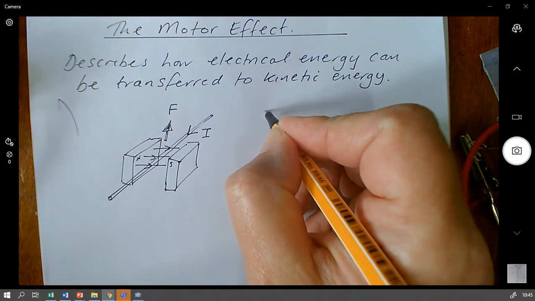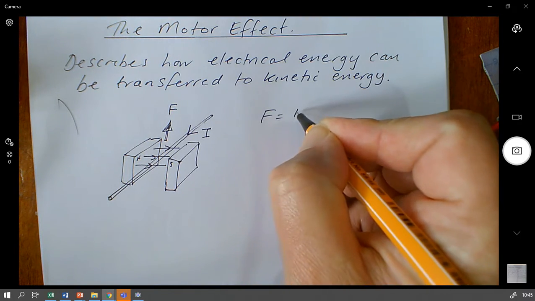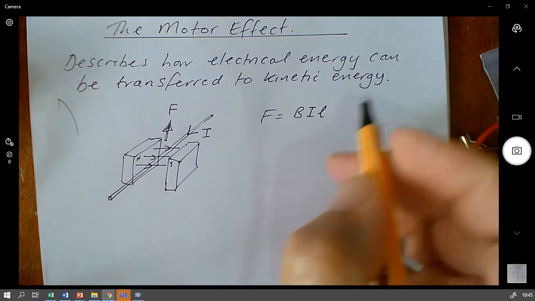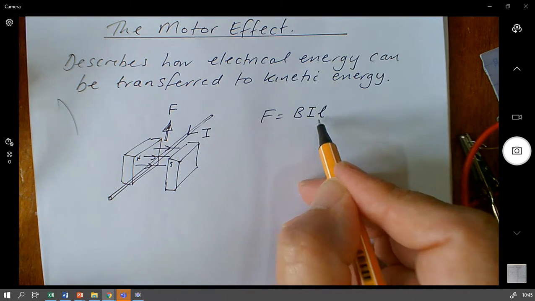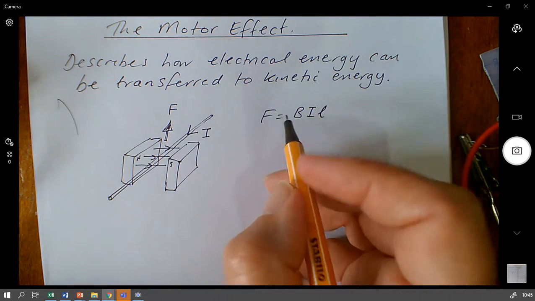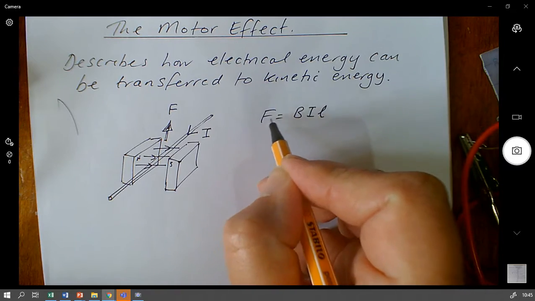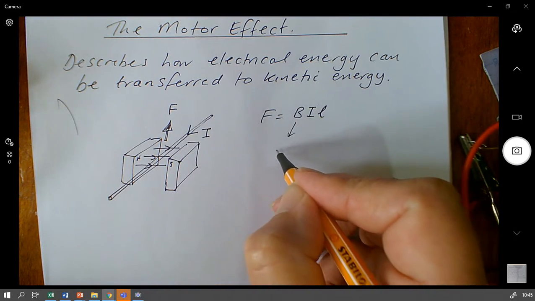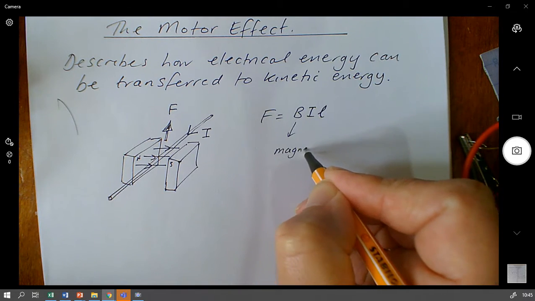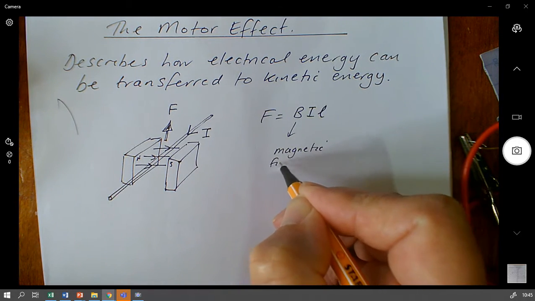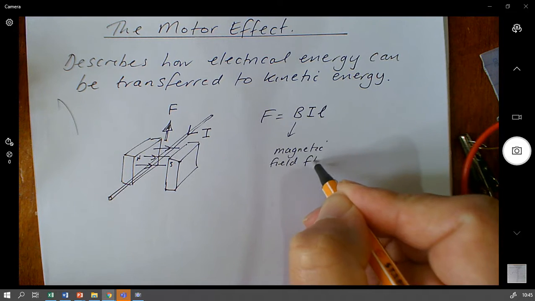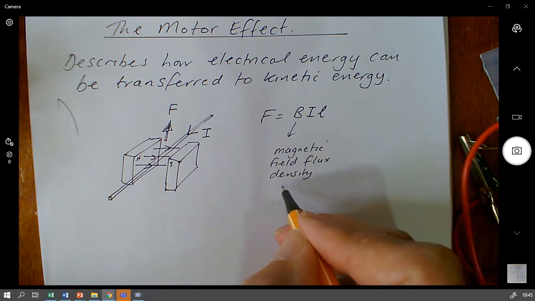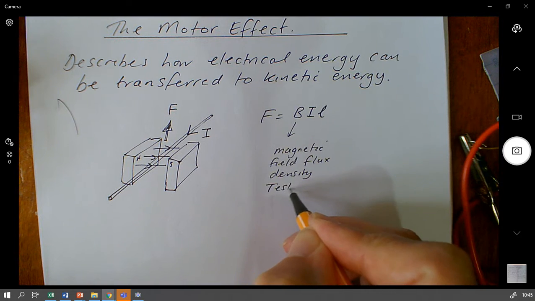There is a formula which is F equals BIl, B, I, lowercase l. We can use a capital L sometimes. F is the force felt by the conductor, B is the magnetic field flux density, how strong the field is, measured in teslas.